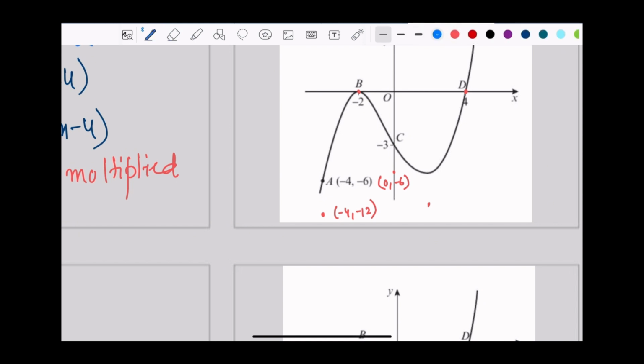Now once after joining these, you will see the curve may look like this. So this is the elongated part.